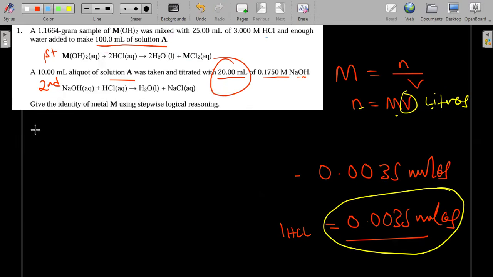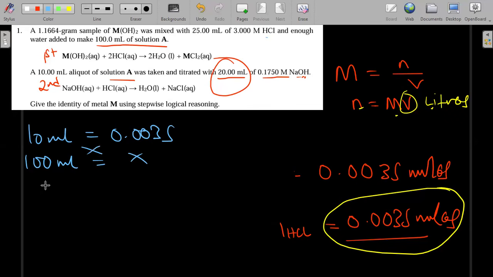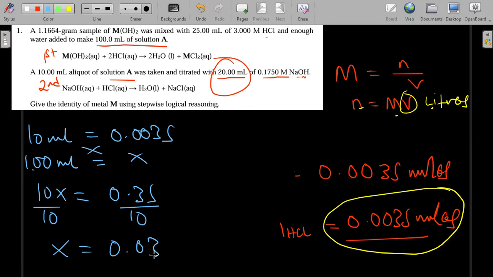In 10 milliliters, I have these moles. What about in 100 milliliters? You cross multiply: 10x equals this multiplied by that, which is 0.35. Then divided by 10, x will be equal to 0.035 moles.